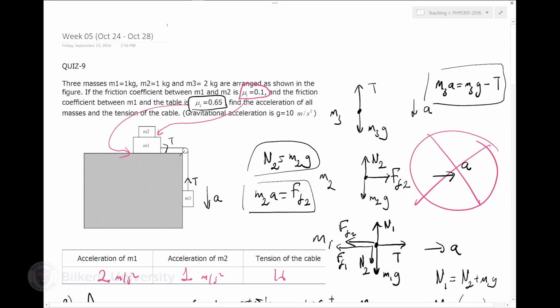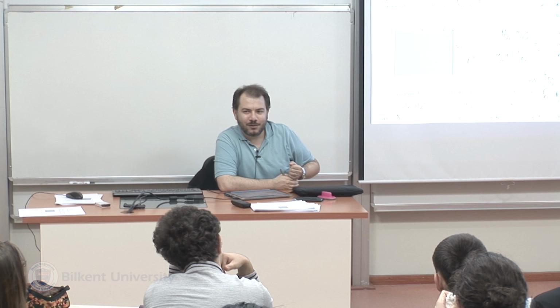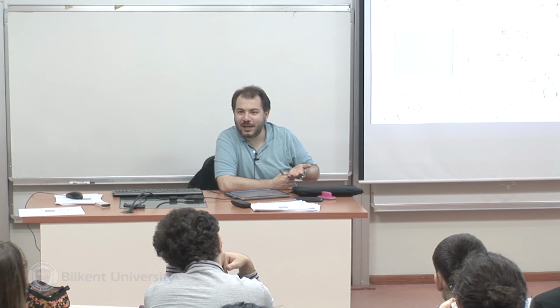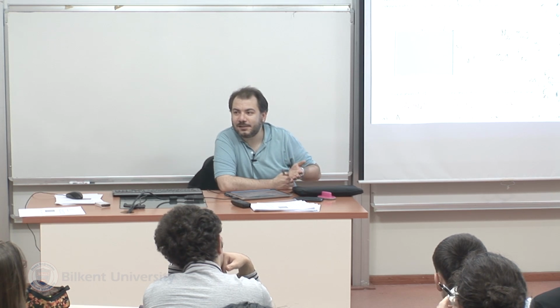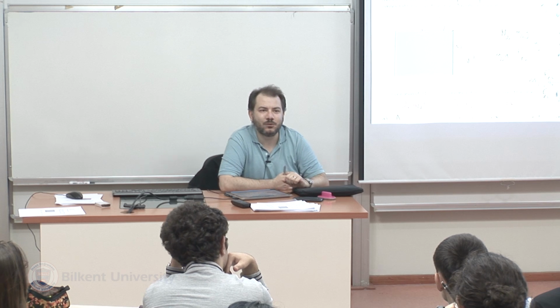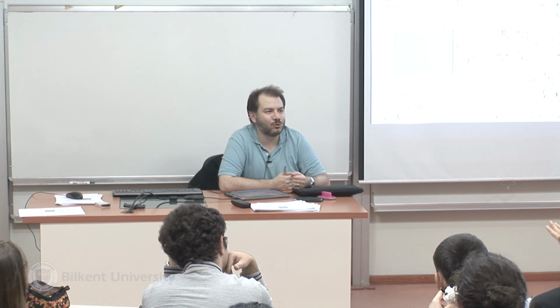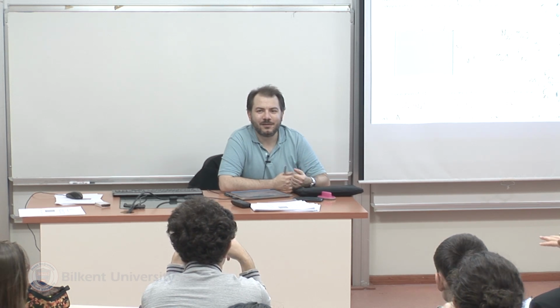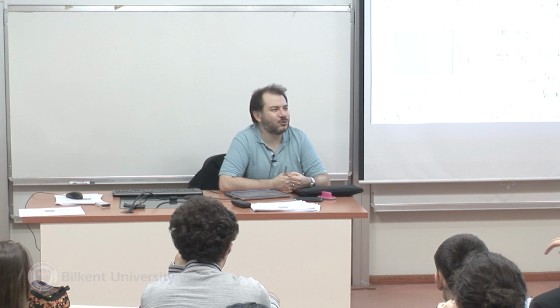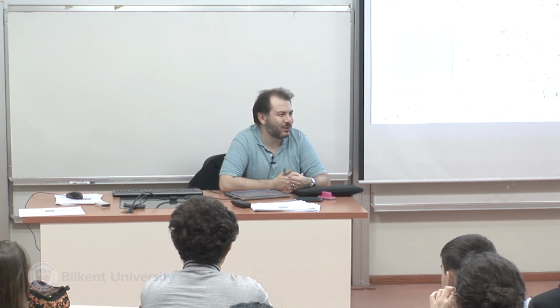It's as if the friction between M1 and M2 is almost non-existent. It's very small compared to the friction in the lower surface. So if we have to guess, it was better to guess that M1 is sliding with respect to M2. And our solution would take only a quarter of the time I actually spent solving this. Okay?